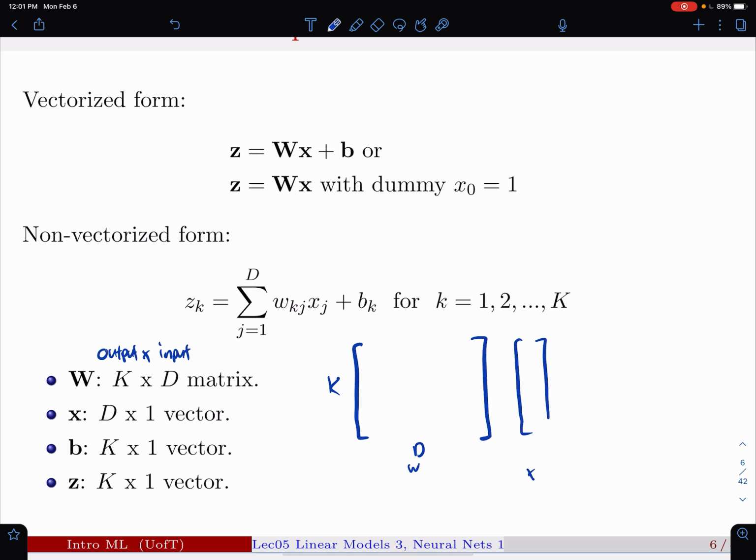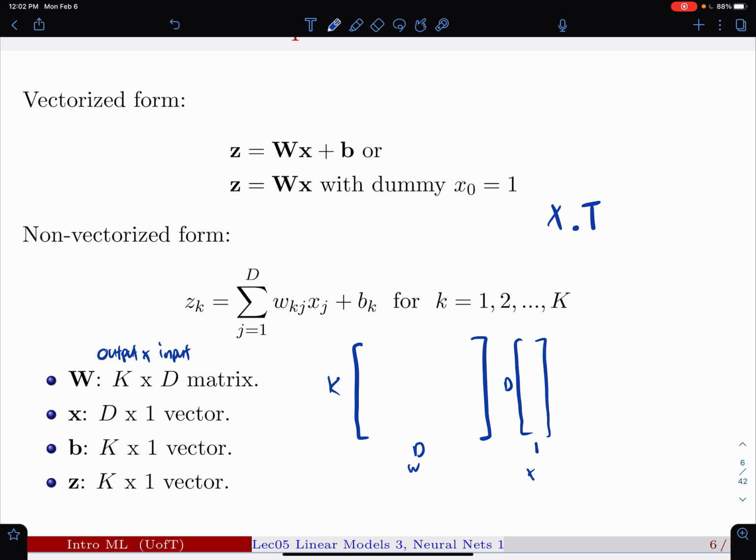Sometimes when you're dealing with matrices or vectors, you have to play around with the shapes to make sure that they match up correctly. When you're doing this in NumPy, you can do dot T, which stands for transpose. So if you have some vector X and you do X dot T, it's going to transpose the matrix. So useful to keep in mind.